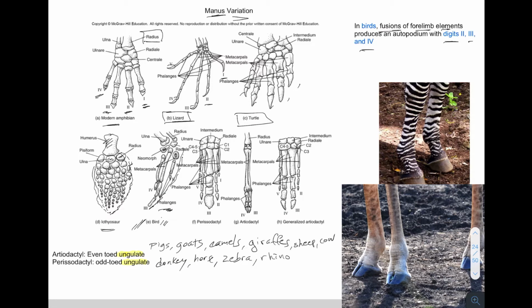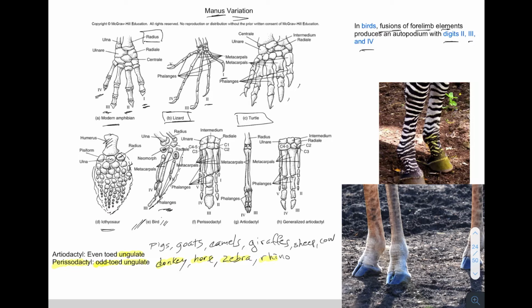One is the odd-toed ungulate, or known as the perissodactyl, which just means odd number of toes, dactyl meaning toe. And the examples here would be the donkey or the horse or the zebra or the rhinos. And here you can see it in this picture with this one hoof right there. And that is basically the nail, and that's basically 1 digit.